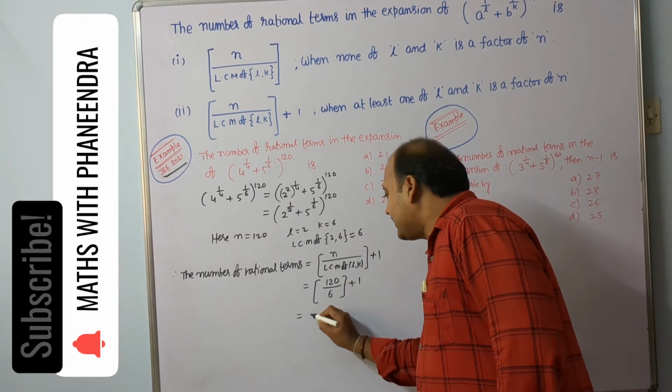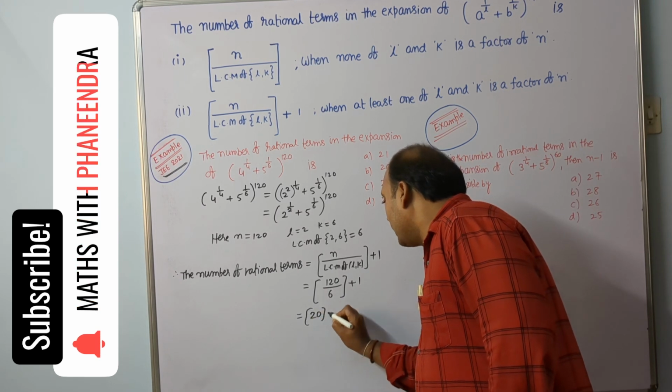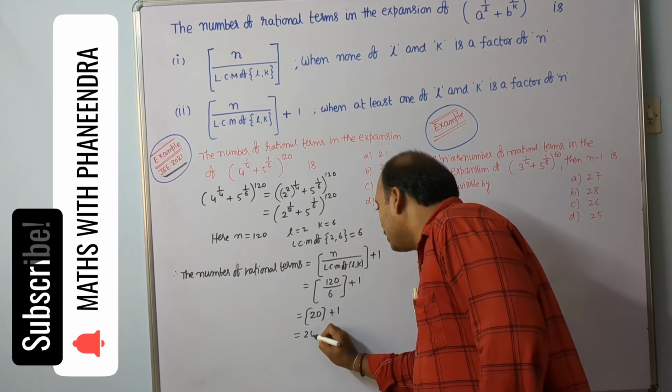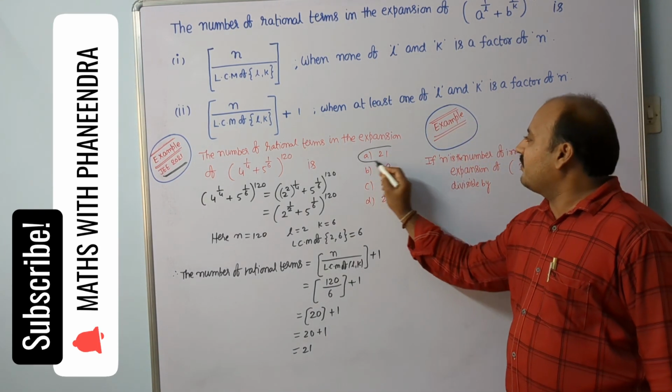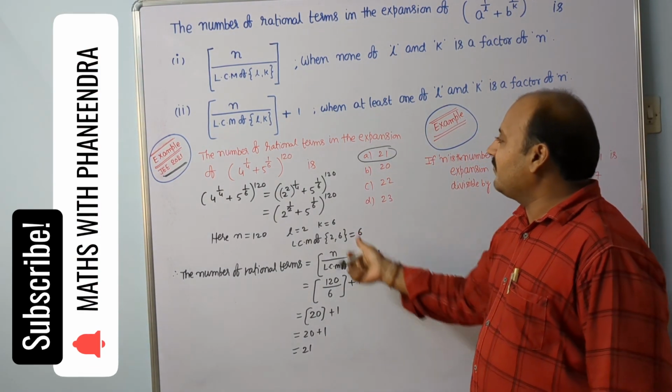So 6 20s are 120, step of 20 plus 1, which is equal to 21 terms. So 21 terms are rational in the given expansion.